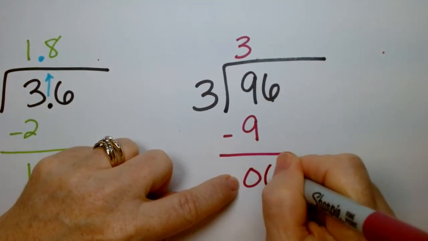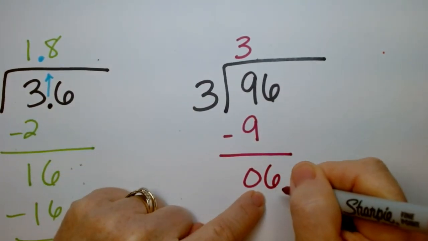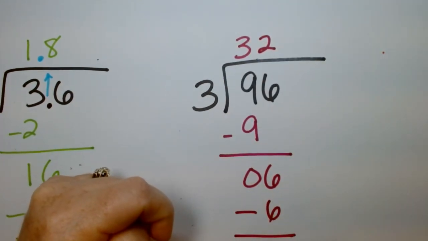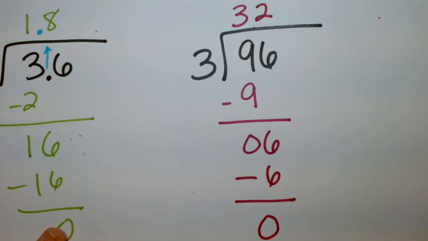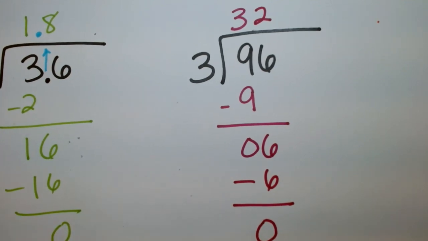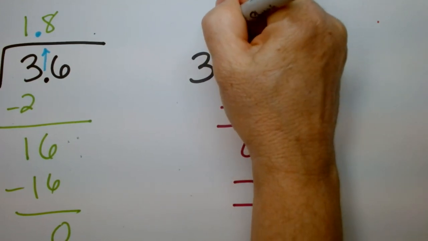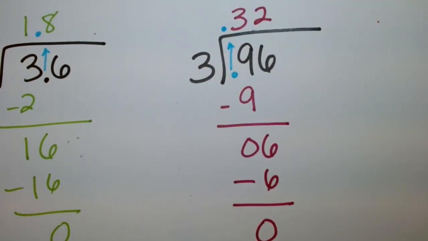So drop the 6. 3 times something gives you 6. 3 times 2, and we have no remainder. So if this problem was 9.6 divided by 3, you would just push the decimal point up, and that's the answer to the problem. That's the only difference.